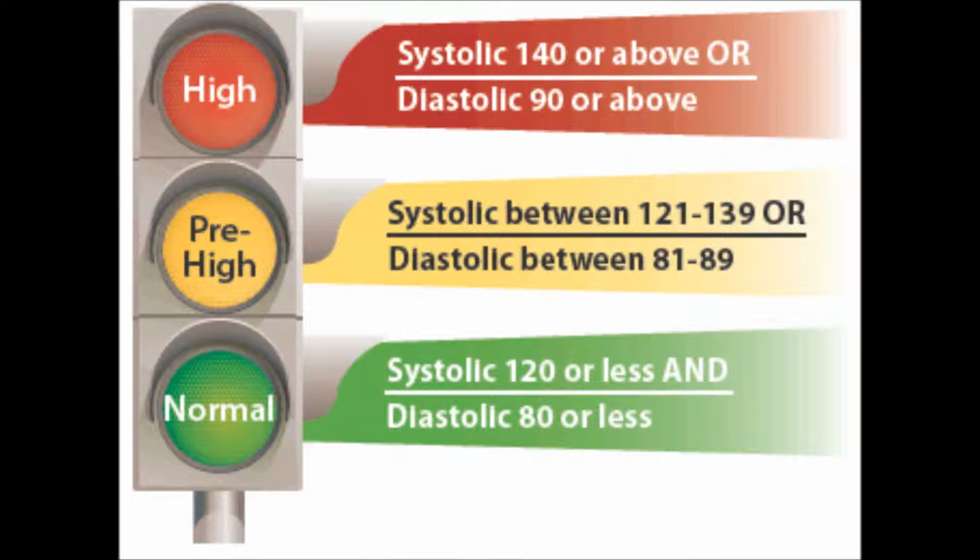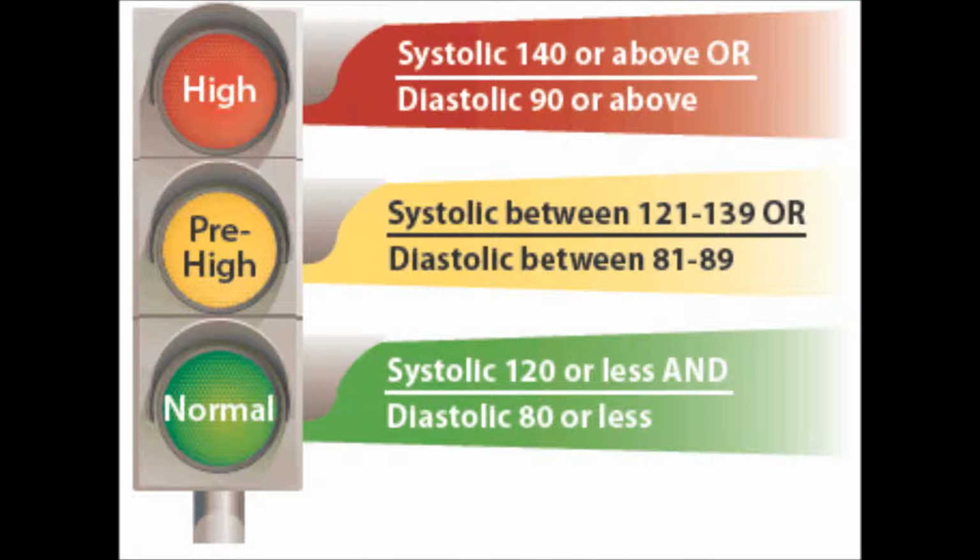What's termed pre-hypertension, hypertension being the name given to high blood pressure, is a systolic blood pressure between 121 and 139 and a diastolic blood pressure between 81 and 89. Somebody would be considered hypertensive, or have high blood pressure, if they had a systolic blood pressure above 140 and a diastolic blood pressure above 90.